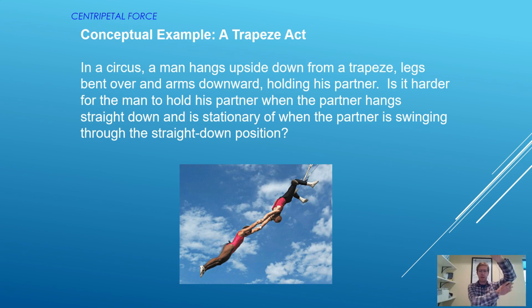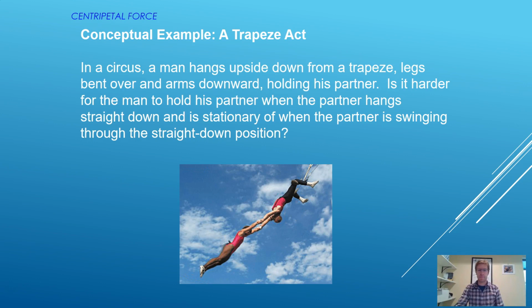So he must not only support their weight, but also supply that needed upward centripetal acceleration, and therefore the tension would be even larger. You can prove that using an equation, by doing the sum of the forces as well.